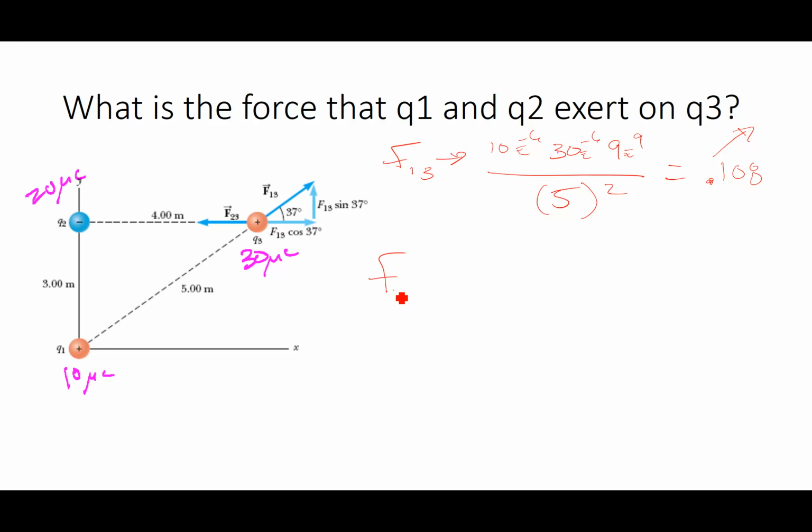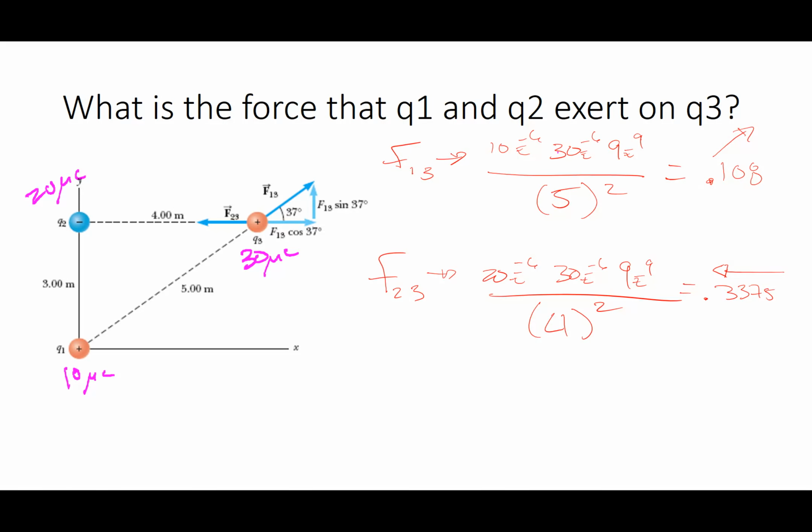And then the force that 2 exerts on 3 is also going to be 20 e to the negative 6 times 30 e to the negative 6 times k constant, 9 e to the 9, over 4 meters squared. Into my calculator, 0.3375, and that is all in the negative x plane.